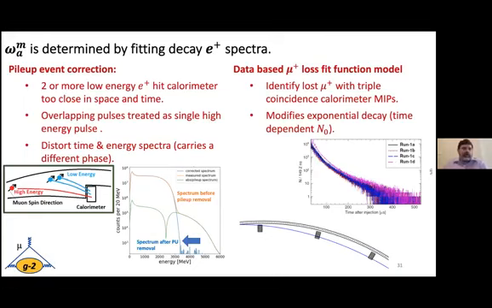And so just for example here, there's a couple of effects I wanted to mention that we need to take into account when measuring omega A from the decay positrons. One important effect that has to be accounted for is pileup. And so basically what happens is two or more low energy positrons hit the calorimeter too close in space and time.